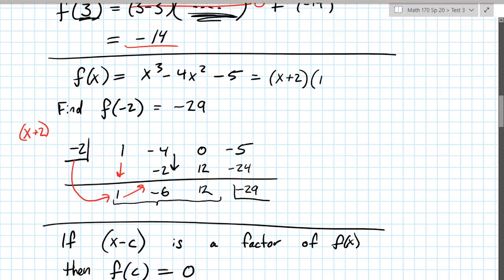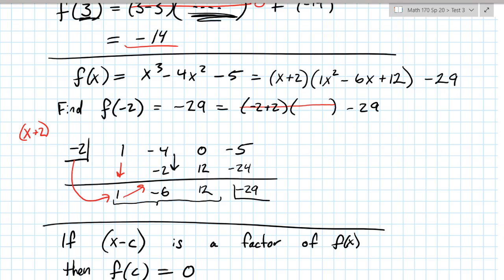So we have 1 x squared minus 6x plus 12, and then we have our remainder minus 29. That way, when x is negative 2, we have negative 2 plus 2 plus some other stuff minus 29, and all of this out front is 0 because of your multiplication.